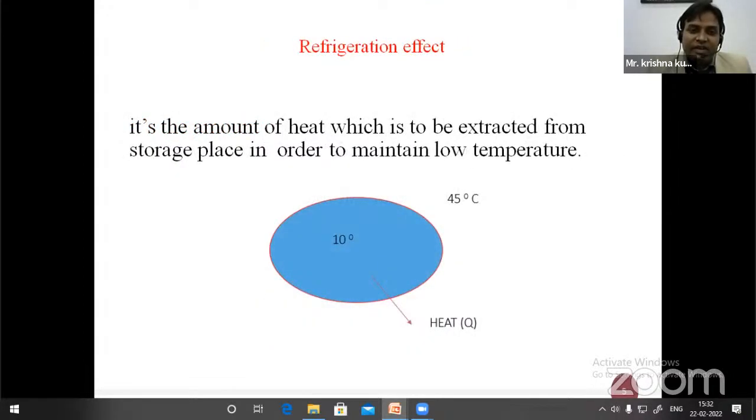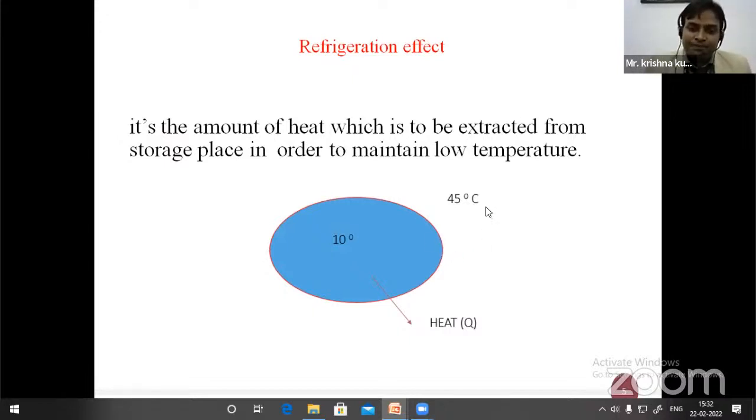Second, the refrigeration effect. When we maintain a lower temperature, we need to extract some amount of heat from that space, and that amount of heat we call the refrigeration effect, represented in kilojoules. By definition, it is the amount of heat which is to be extracted from the storage place in order to maintain the lower temperature.